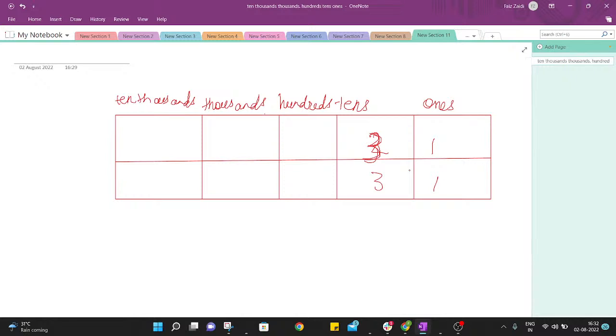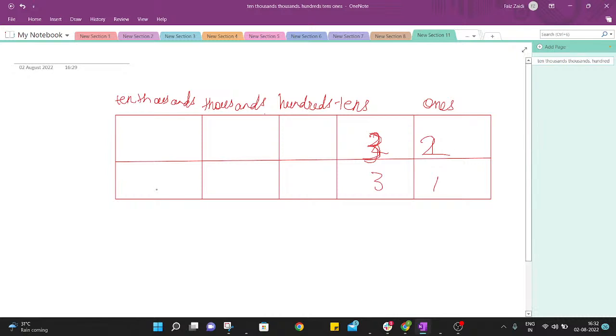But if I change this and turn it into a 2, 32, why is 32 greater than 31? Because the tens column is 3 in both of these numbers, but the ones column is 2 in 32 and it is 1 in 31. Because 2 is greater than 1, that is why 32 is greater than 31.